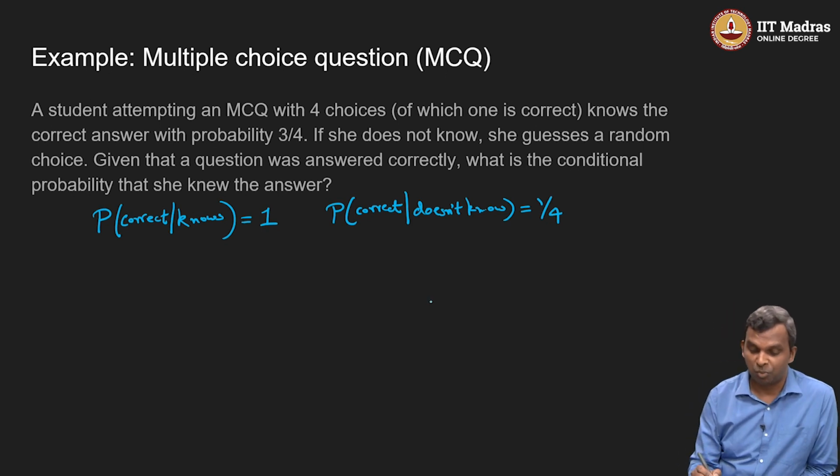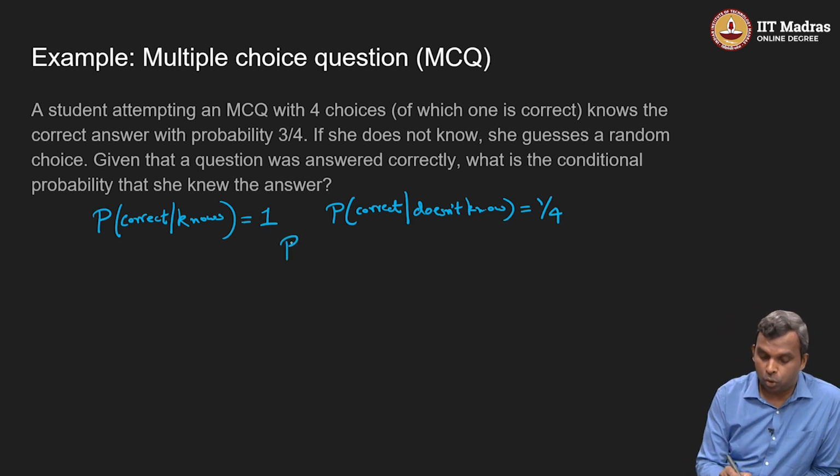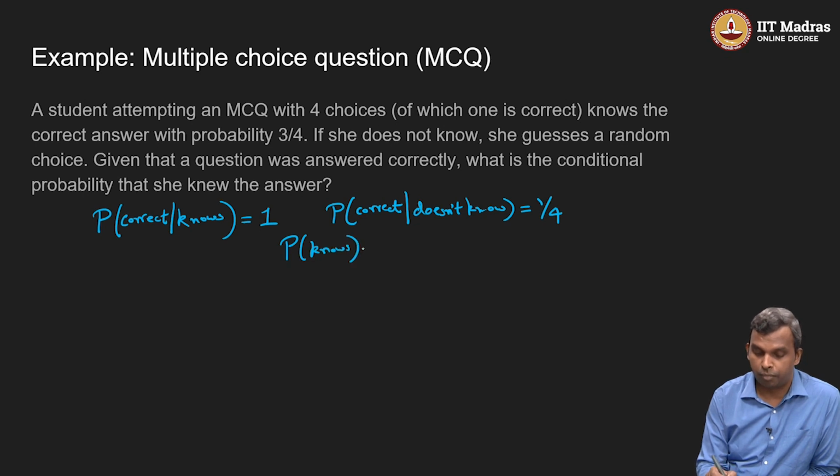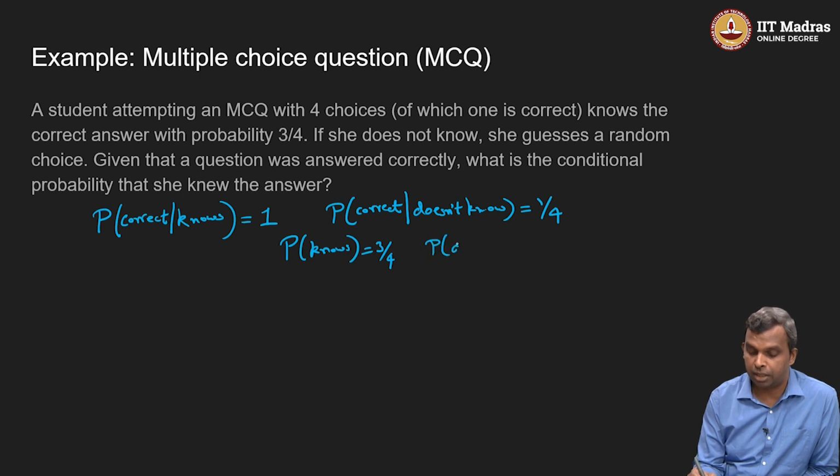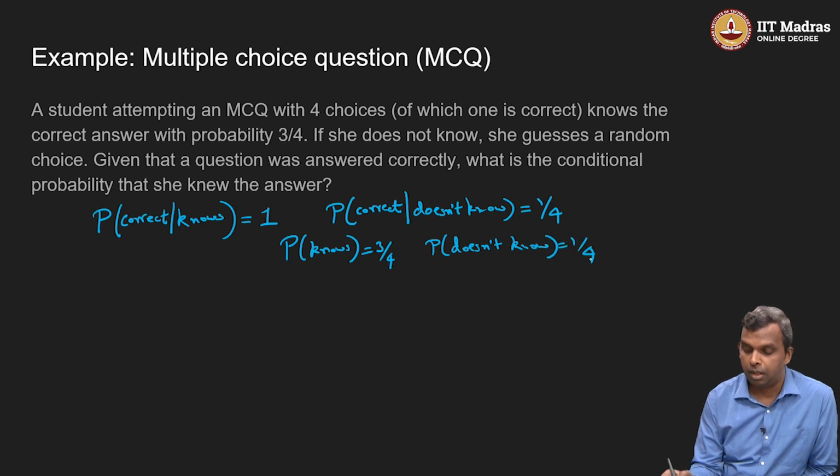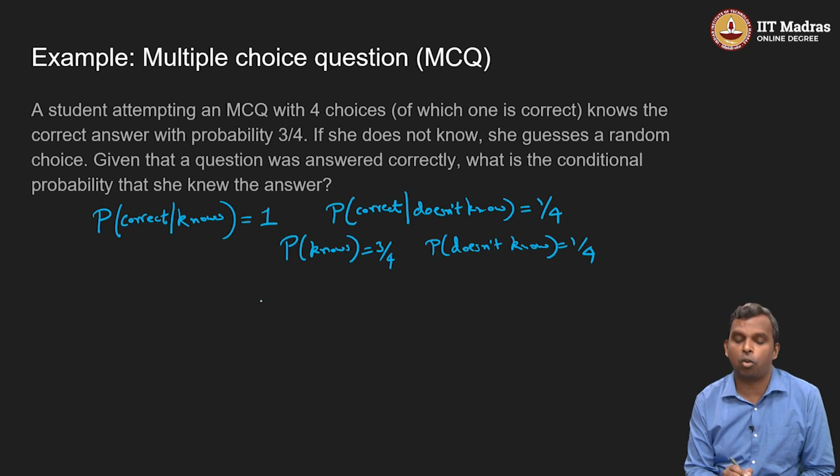And probability of knows is given as 3/4. So that implies probability of doesn't know is 1/4. That's it. This is a classic case of law of total probability, right?